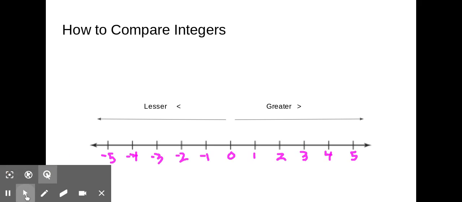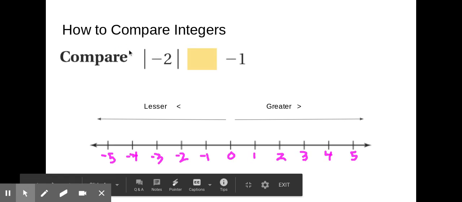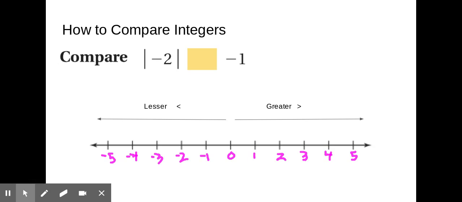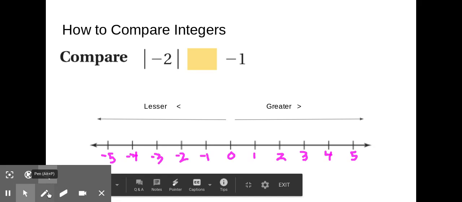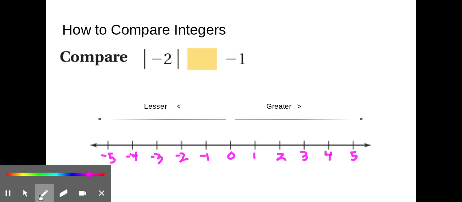So let's try this out. We're going to compare the absolute value of -2 and -1. Well, first I have to figure out what my number is. So what is the absolute value of -2? I can look at this -2 and count how many spaces it is from 0. 1, 2 spaces. So the absolute value is 2.